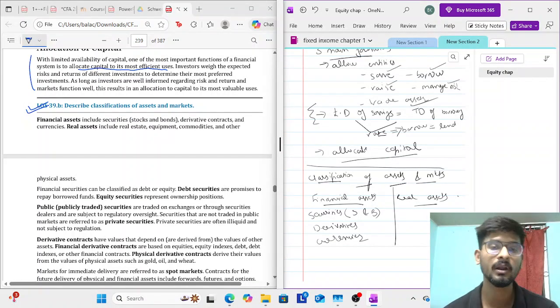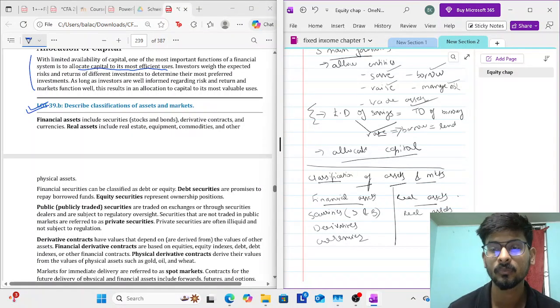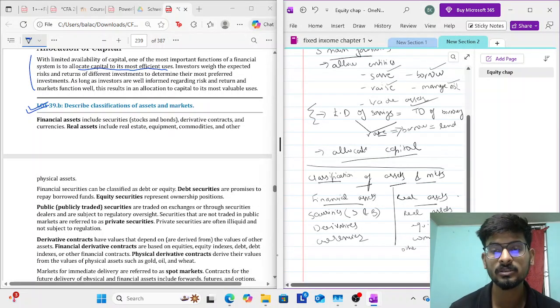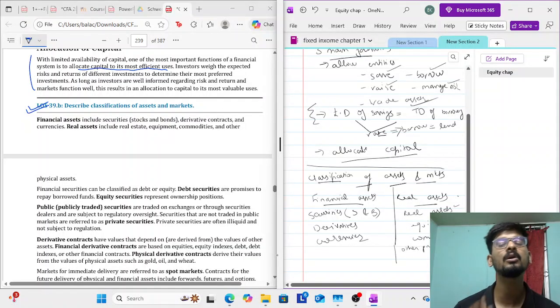Now if you are trading in other than financial assets, like real assets, equipment, commodities and other physical assets, rest all physical assets. Real assets are physical, equipment is physical, commodities are physical, so all physical assets come under real assets.